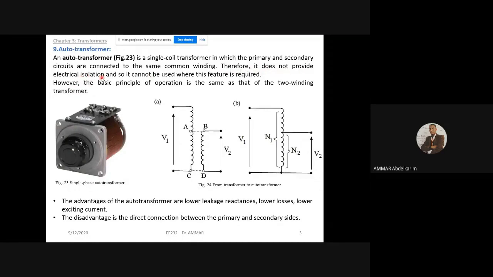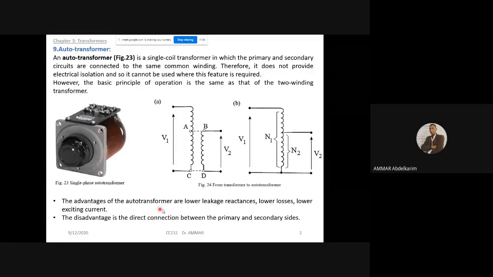So the auto transformer does not provide the electric isolation and cannot be used when we need an isolation. However, the principle of operation is the same as a 2-winding transformer.